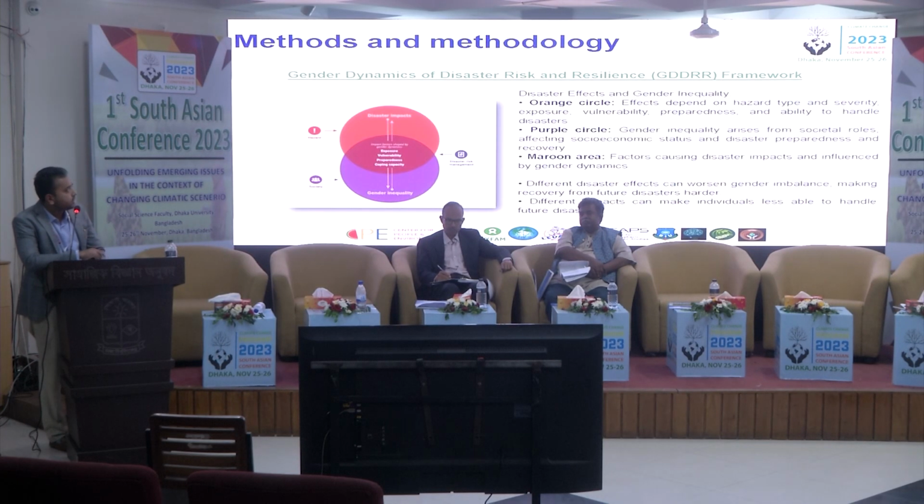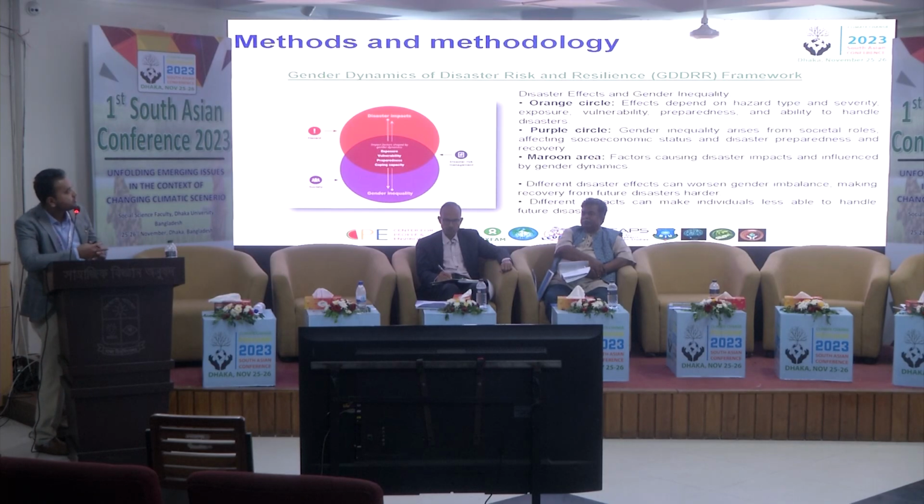In that orange circular area, it means the hazard type or its severity, exposure, vulnerability, preparedness, and ability to handle the disaster. And the purple area is the gender inequality arising from social roles, affecting socio-economic status and disaster preparedness and recovery.